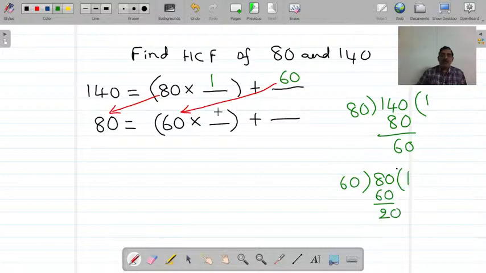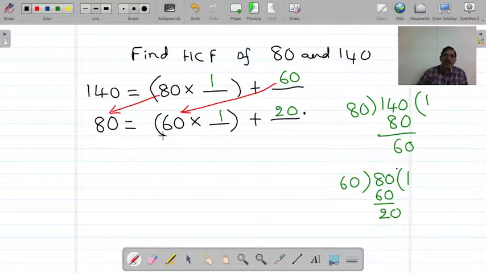So again you can see here that this is 1 and this is 20. Again we do it one more time because remainder is not 0. So we have to continue till we get remainder 0. No Vamshi, HCF is not 60 because remainder is not 0. We have to check that this remainder must be 0.